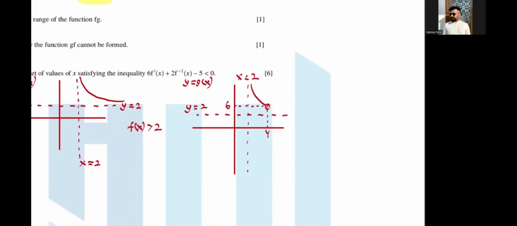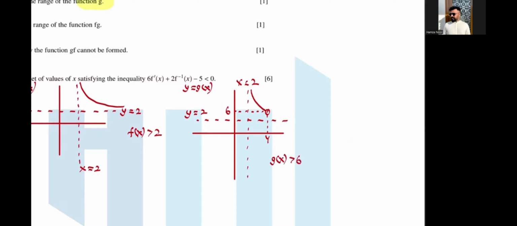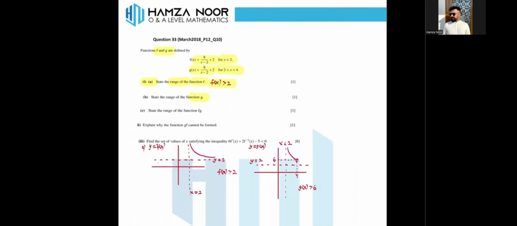Therefore, the range of the function g is g(x) greater than 6. In order to find the range of any function, it is always helpful to sketch the graph. So this was the answer for part B.